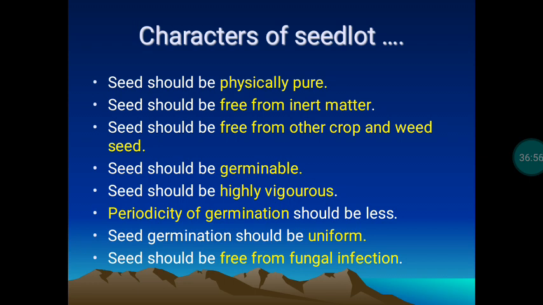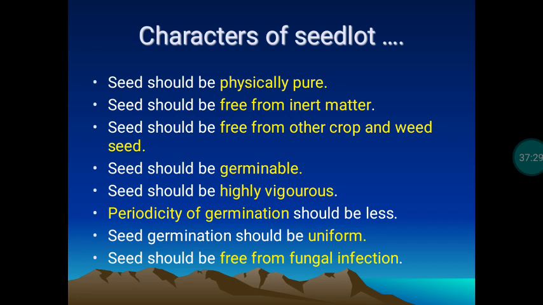So for open field cultivation, we always demand seed with more vigor. We should be worried about vigor, because germination is tested only under favorable conditions, whereas seed vigor is connected with the ability of the seed to give rise to a normal seedling even under unfavorable conditions. So seeds should be more vigorous.